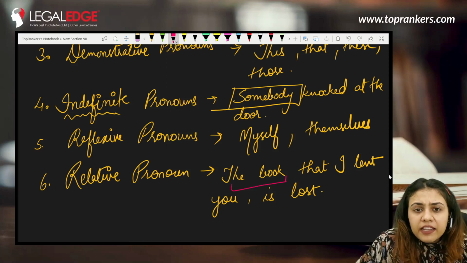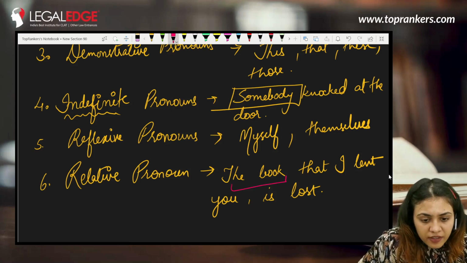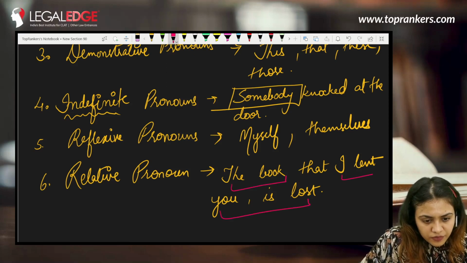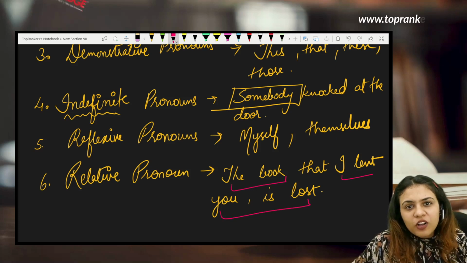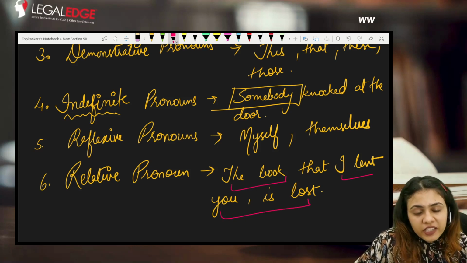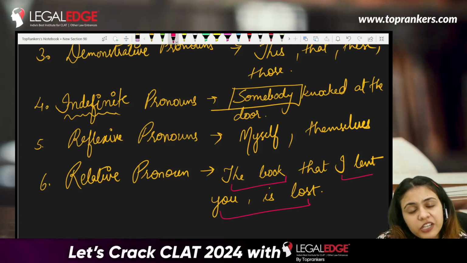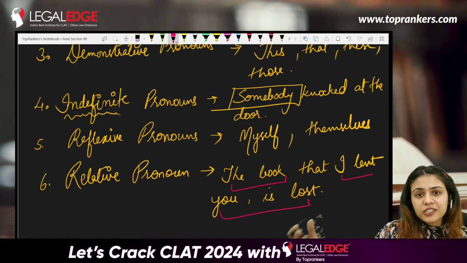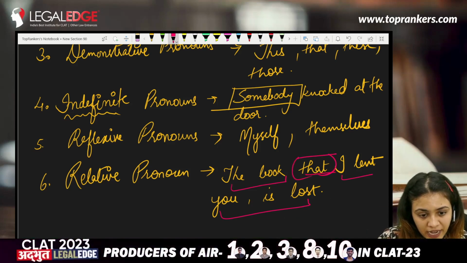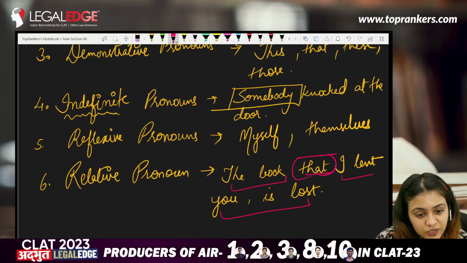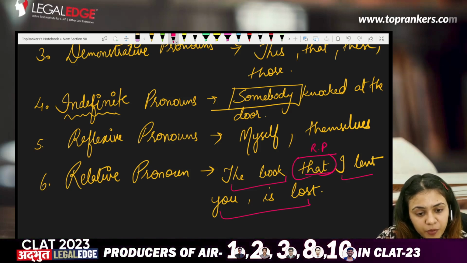Okay, and information related to book is given in this part, right? Now what is the fevicol or glue that is joining these two sentences and establishing a relationship between the subject and the rest of the sentence? This word that, right? So this is our relative pronoun.